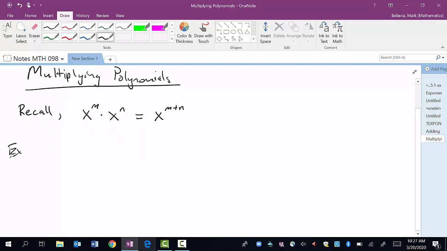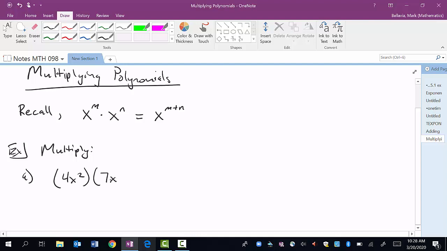The first thing to talk about is multiplying just a monomial by a monomial. So the directions here might say multiply or perform the indicated operation. For this first one, if I said I had 4x squared times, in parentheses, 7x to the 15th power. First off, monomial times a monomial means one term times one term.